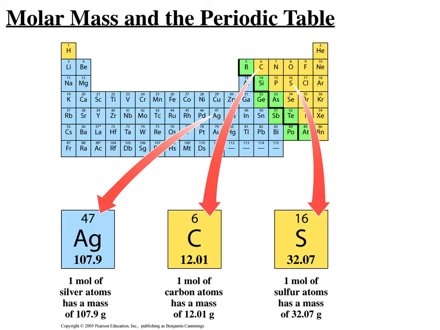So as you see here, if you want to get 6.02 times 10 to the 23rd silver atoms, you should weigh out 107.9 grams. If you want to get 6.02 times 10 to the 23rd carbons, you weigh out 12.01 grams. To get 6.02 times 10 to the 23rd sulfurs, you weigh out 32.07 grams.